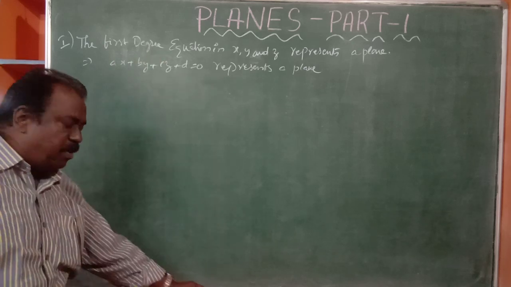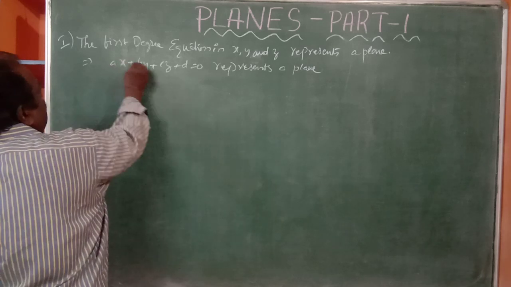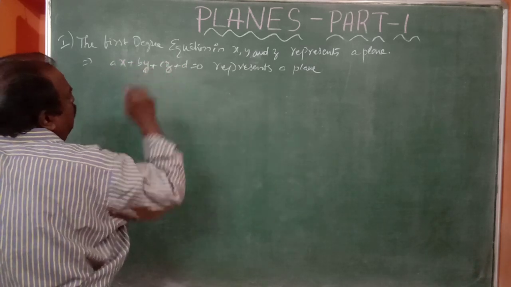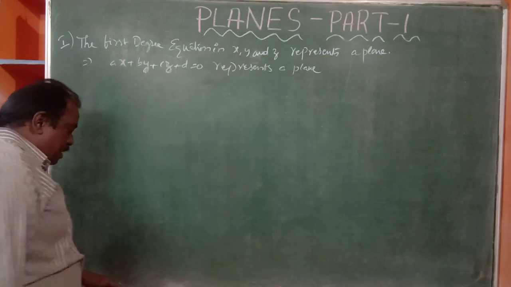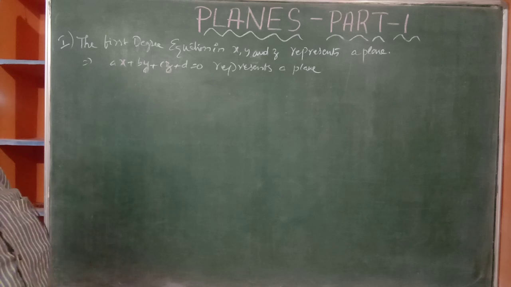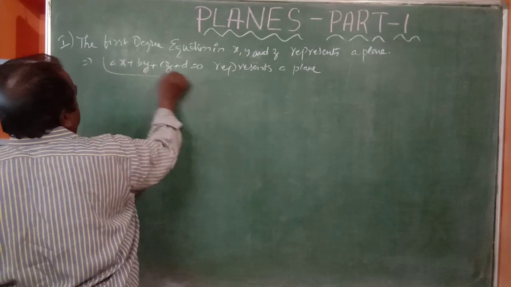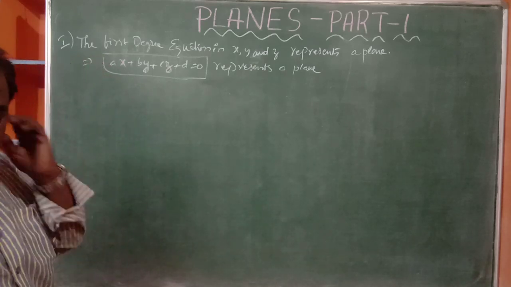In x, y and z, it represents a plane. The equation of a plane is ax plus by plus cz plus d is equal to 0. This is the general form of a plane. We have to prove it.